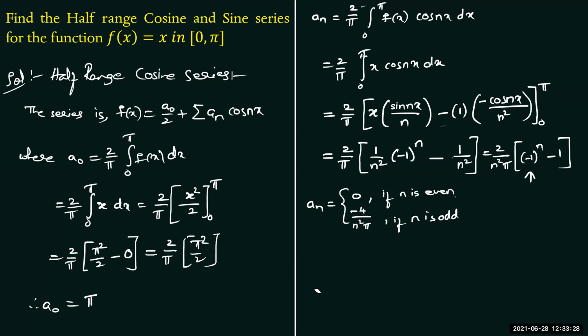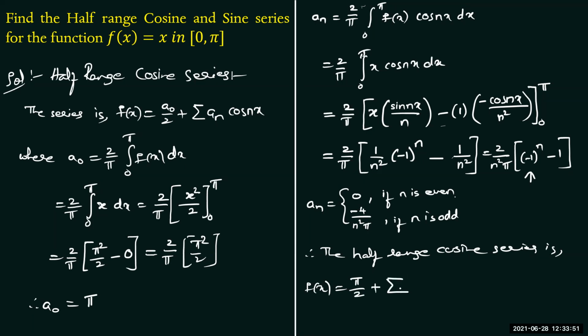And now if you substitute everything into the formula, therefore the half range cosine series is f of x is equals to a naught by 2. See, we got a naught as pi. So it is pi by 2 plus summation. Look at it carefully.